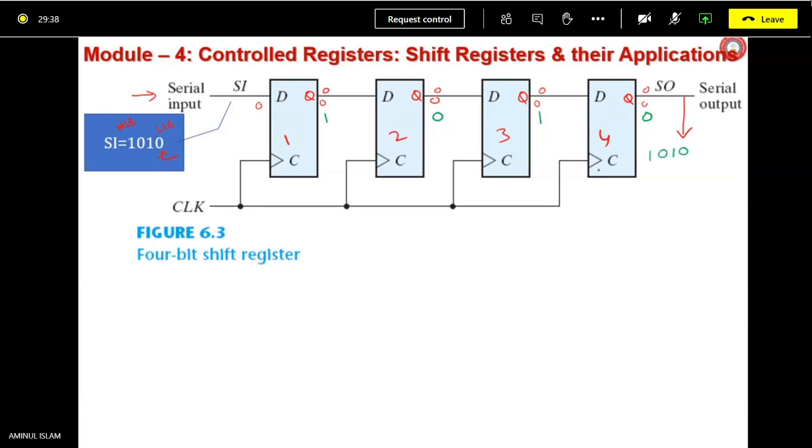So it comes out in this way, 1 bit at a time. Okay, so serial in, serial out is occurring, and it is shifting to the right. From left to right, the bits are getting shifted. Understood? Yes, sir.